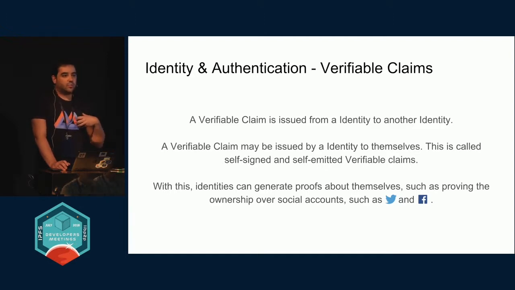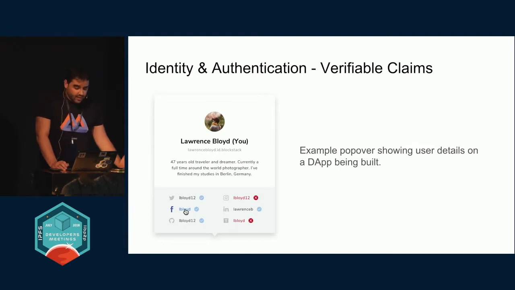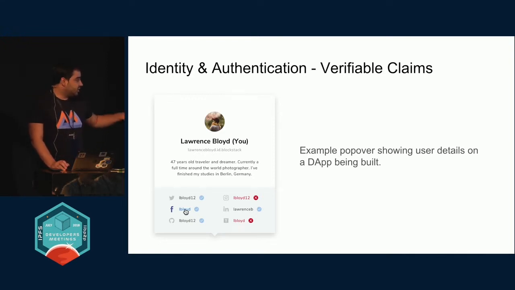Like, I can prove ownership of my social account, like Facebook or Twitter, by generating proof of that, and that only depends on me. And because of that, in a centralized application, we can do things like this, where we show user details pop over with the verifications on the social networks made in real time in a peer-to-peer compatible and friendly way.